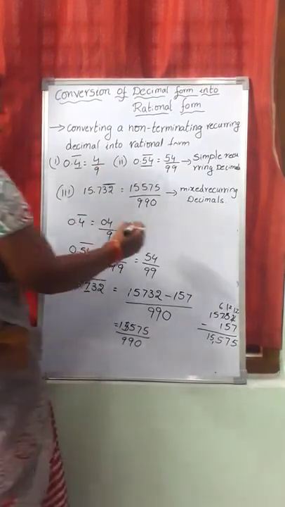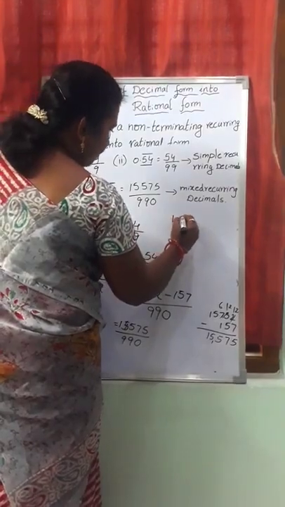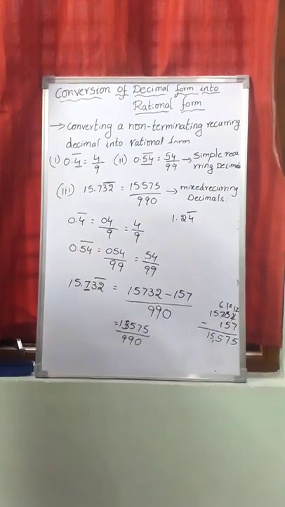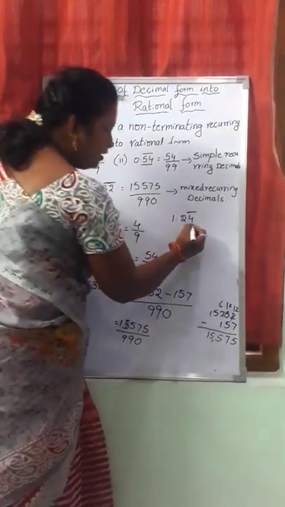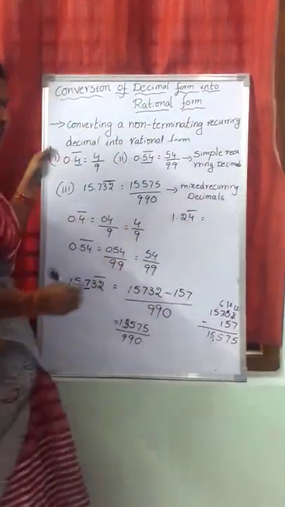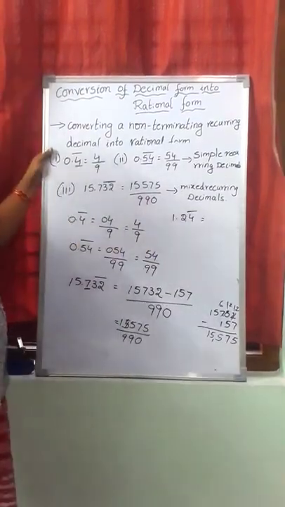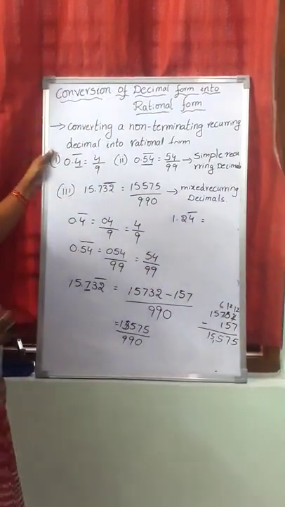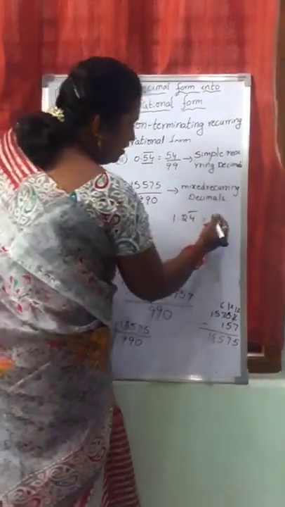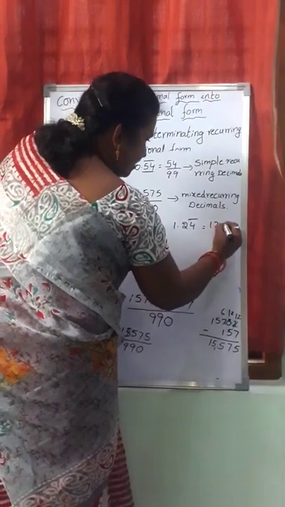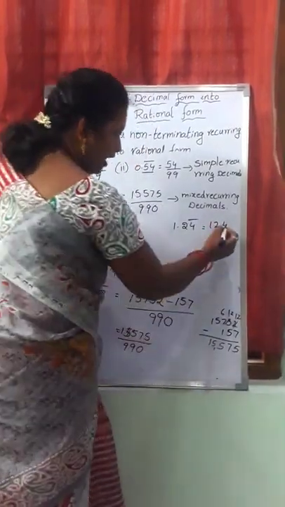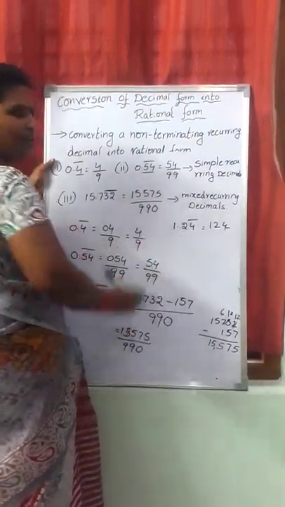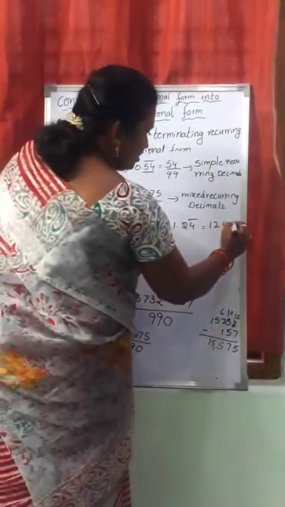See one more, a small number I am taking. I am having the number 1.24 bar. Here I am having a recurring decimal in which only one digit is recurring. First of all, remove the decimal and the bar, write the number as it is, 124, and subtract the non-recurring part, that is 12.